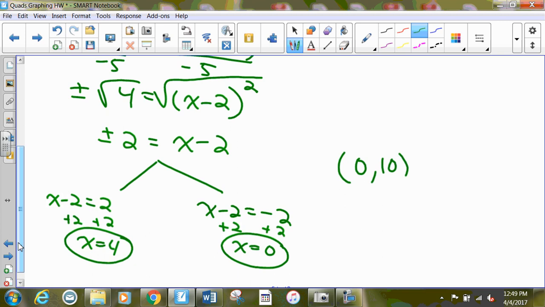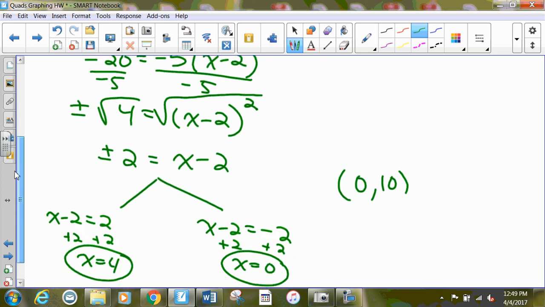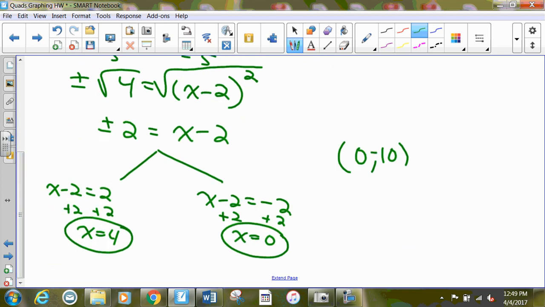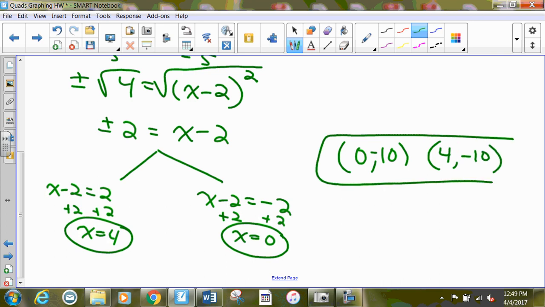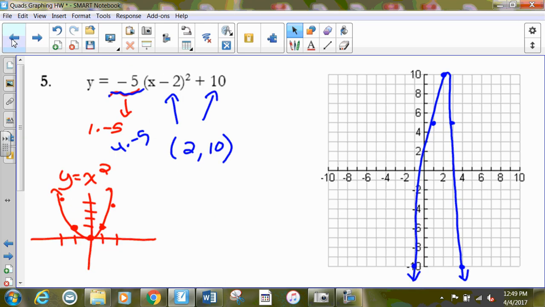Is that what we put in there? Nope, negative 10. And when x is 4, y is negative 10. So that's our answer for this problem, but what we're going to do is look back at the graph that we just did and see if that makes sense.